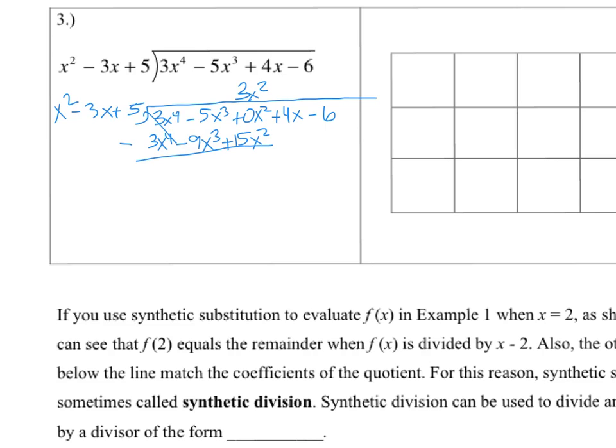We've eliminated that place value column. Negative 5x to the 3rd, take away negative 9x to the 3rd is really negative 5 plus 9. So that gives us positive 4x cubed. 0 take away 15 gives us negative 15x squared. And then we bring down our next place value column, plus 4x.